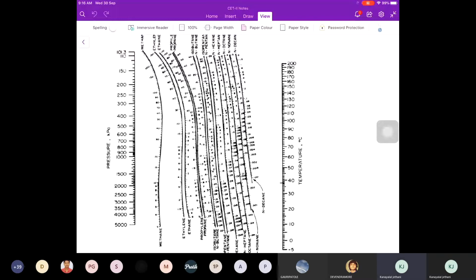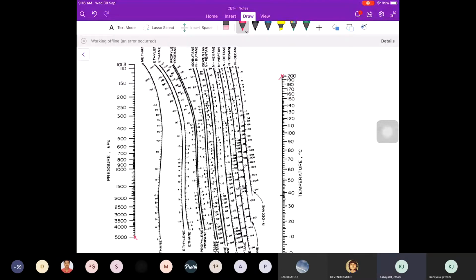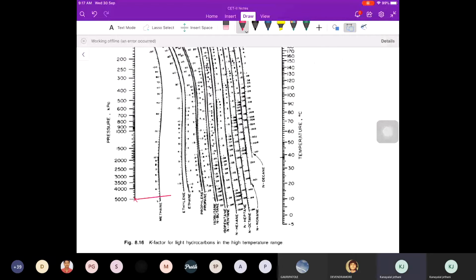Suppose I want it at 5000 kPa and 200 degrees centigrade, so I'll take these two points and connect this.